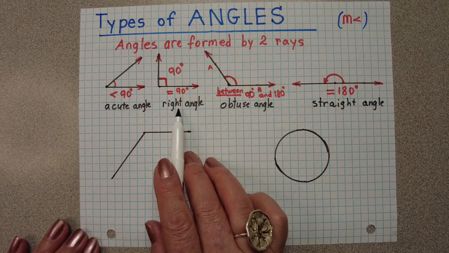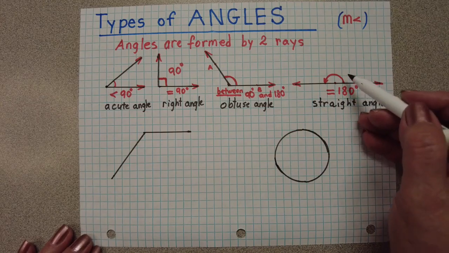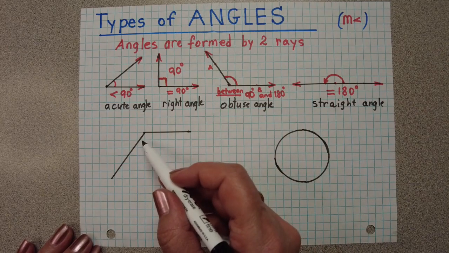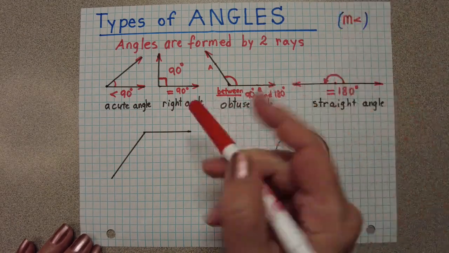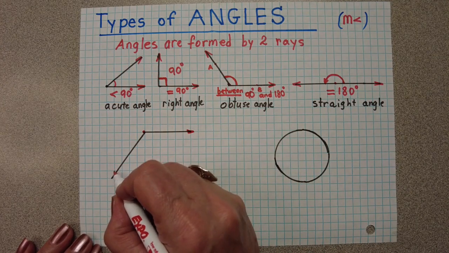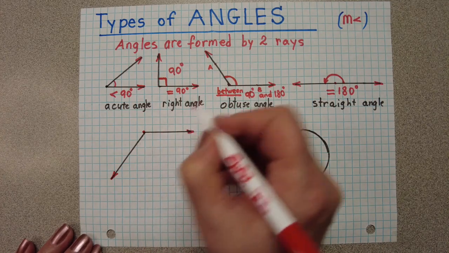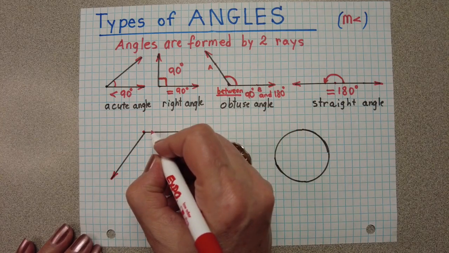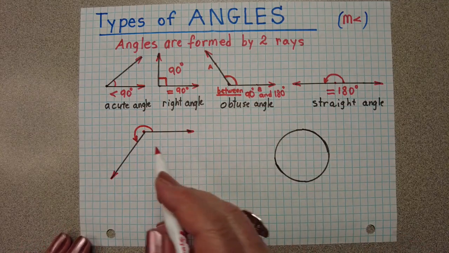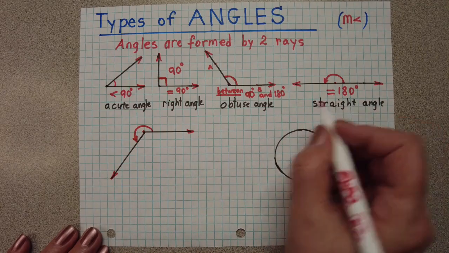Acute, right, obtuse, straight. If we make this curve more, or the ray goes down, like here, this is our vertex, this is one ray, this is the second ray, and we do not count inside. If we count inside, we will get obtuse. We count the outside angle, which is bigger than 180 degrees.